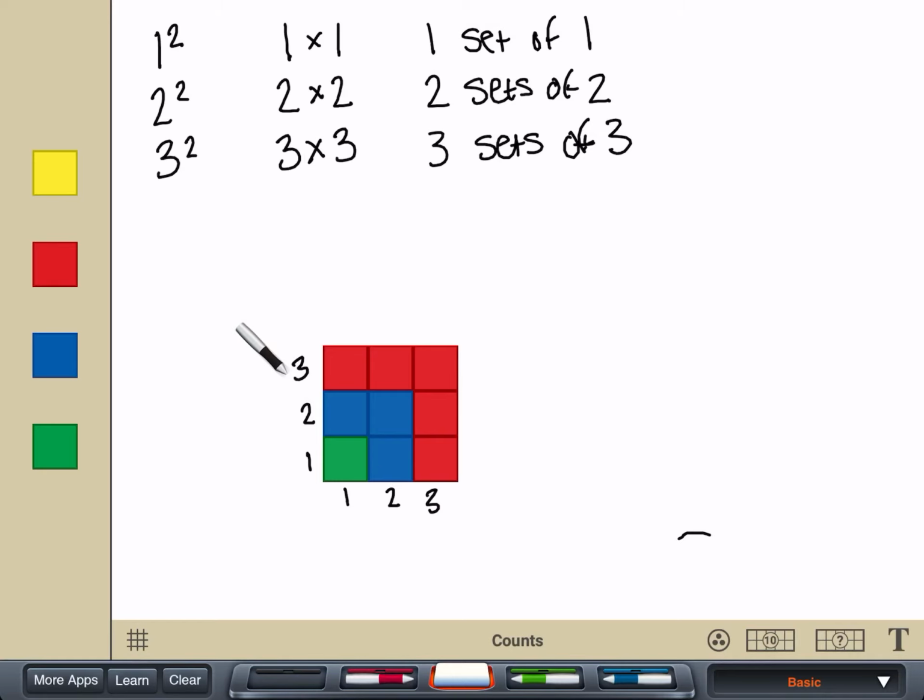So you can see we have 3 sets of 3. So here is 1 set of 3, 2 sets of 3, and 3 sets of 3.